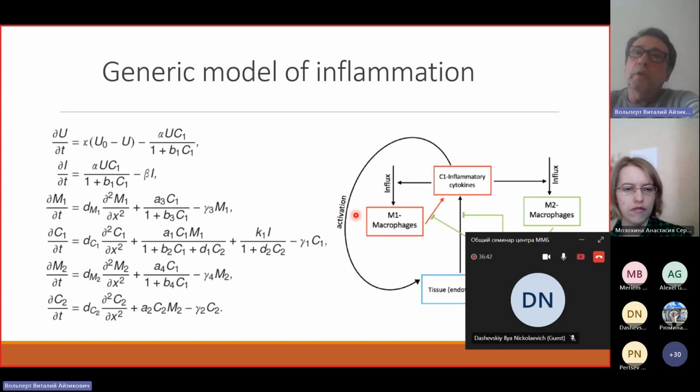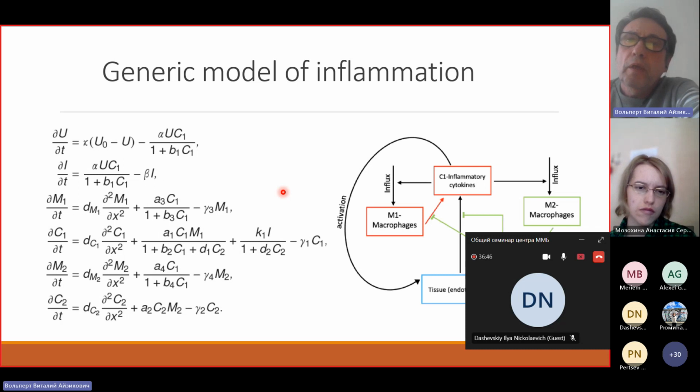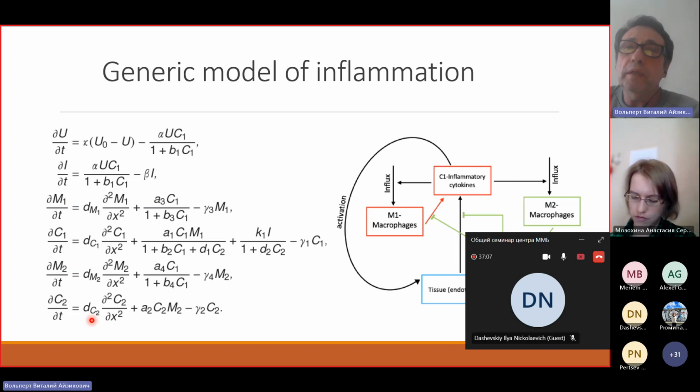So what we do, in particular with Wissam and some other people, is write this generic model of inflammation. We have this tissue, which can have uninflamed cells, inflamed cells, and two types of macrophages, pro and anti-inflammatory, and two types of cytokines, pro and anti-inflammatory.